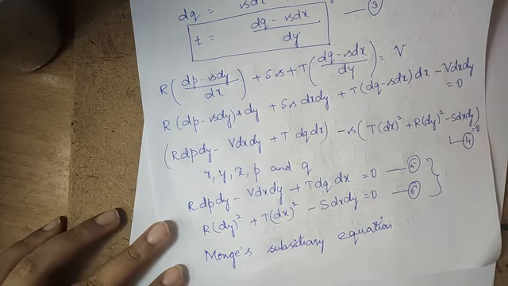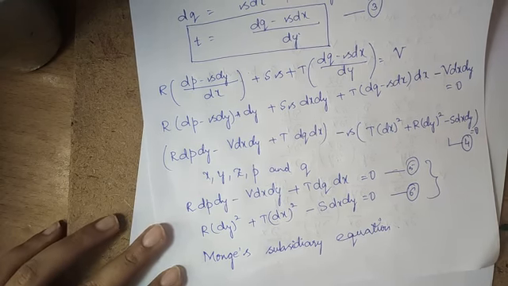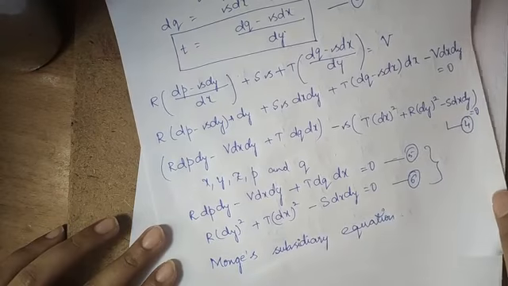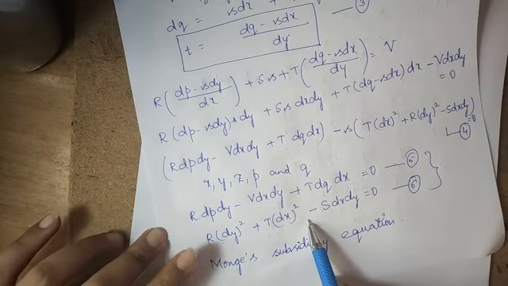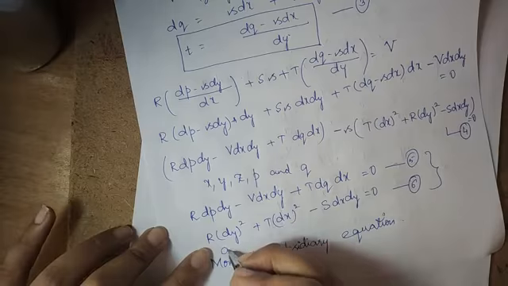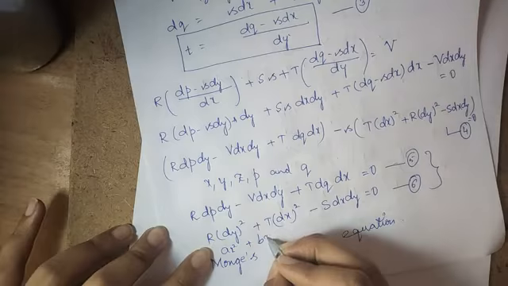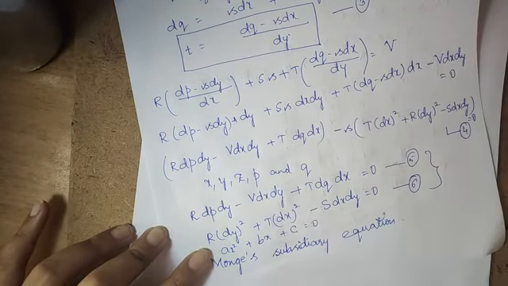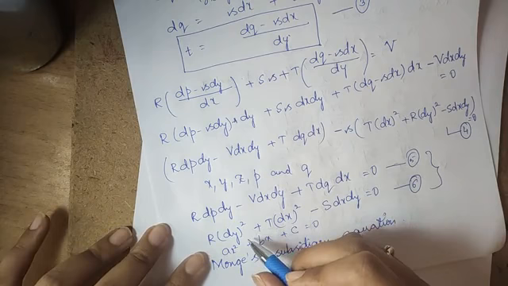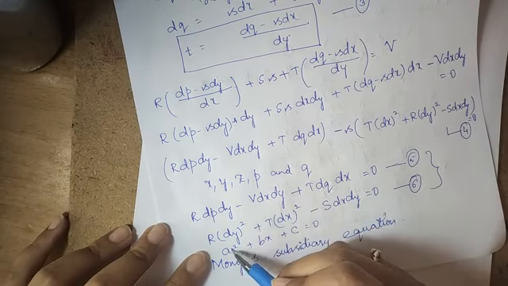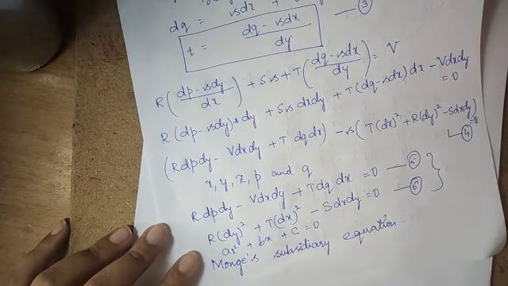So now what you will do further is, this equation 6 is of the form ax square plus bx plus c is equal to 0. Since there is a square term, you will get 2 roots.